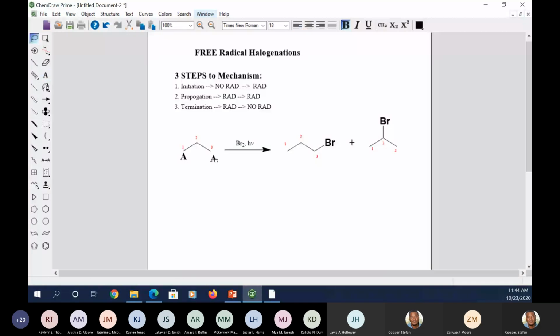Is everybody comfortable with that so far? How do I know they're the same? They both contain 3 hydrogens and they're both attached to which carbon? Carbon 2. They're exactly the same. And carbon B here is just carbon 2. So my products come from either adding a bromine to our A type or adding a bromine to our B type, right? So this is how we know we got 2 potential products from this reaction.